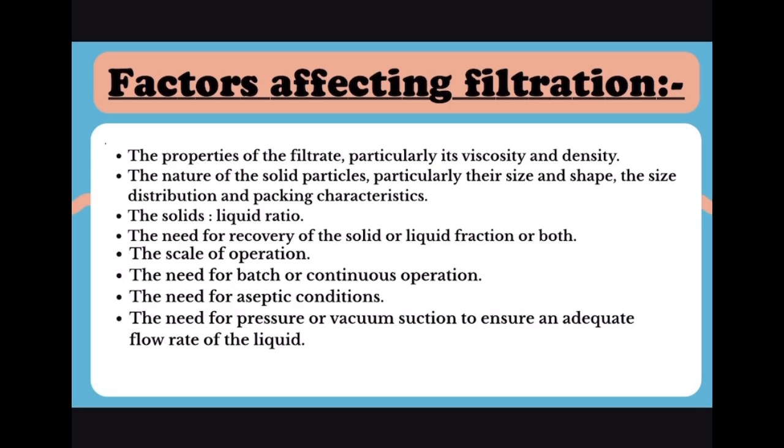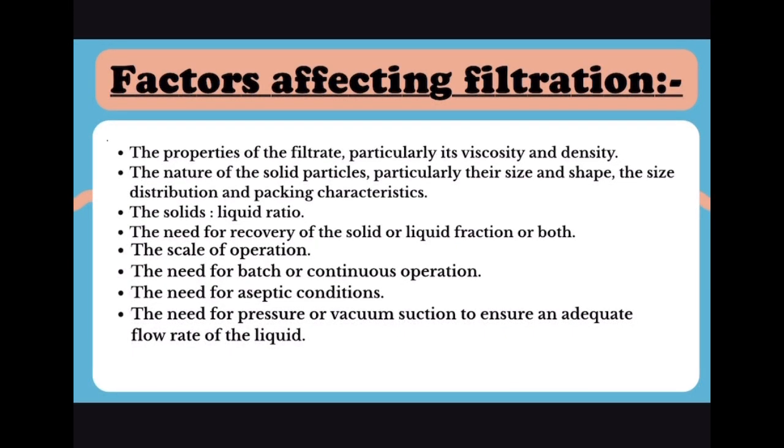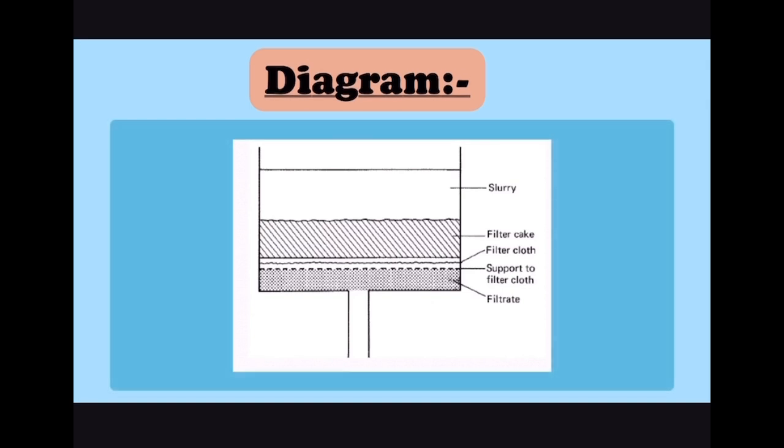These are the factors affecting the filtration. Now let us see and understand the diagram of filtration. This diagram shows a basic filtration setup. At the top, we have the slurry, which is a mixture of solid and liquid particles. Below the slurry, a filter cake is formed as solid gets trapped on the filter cloth.